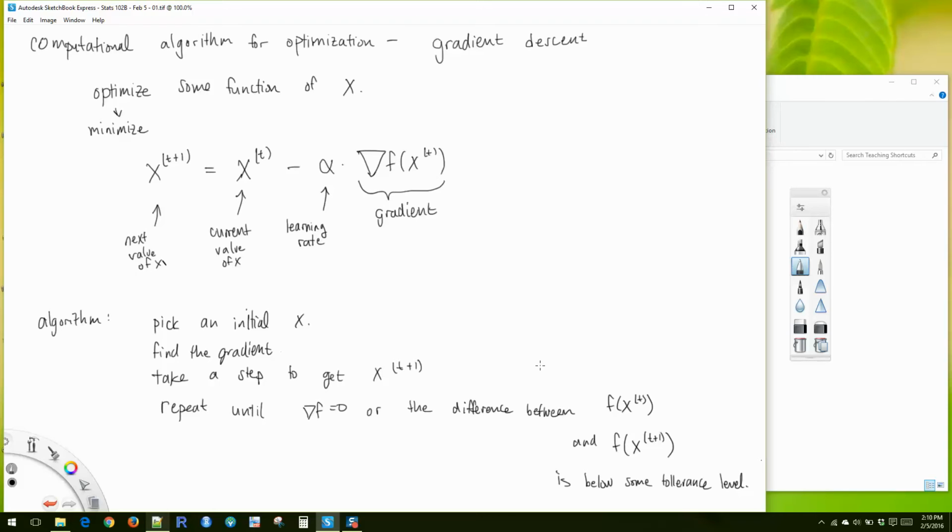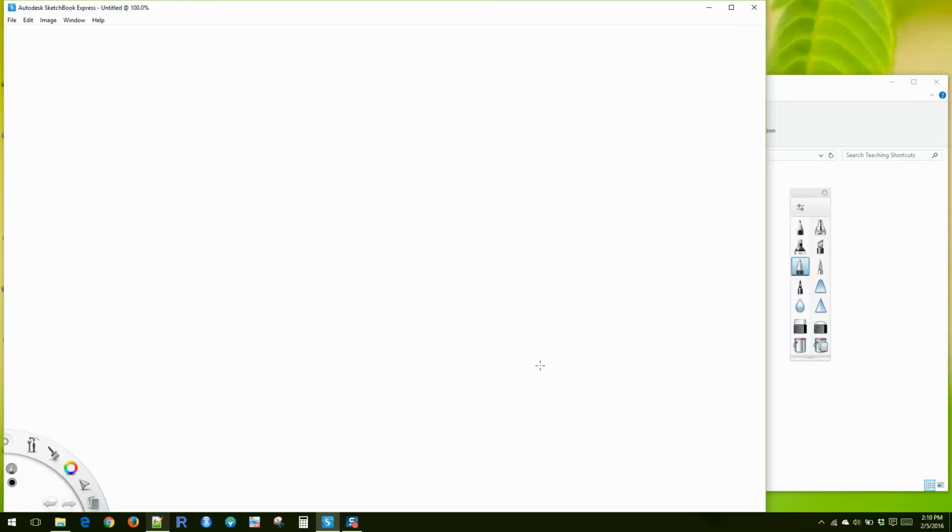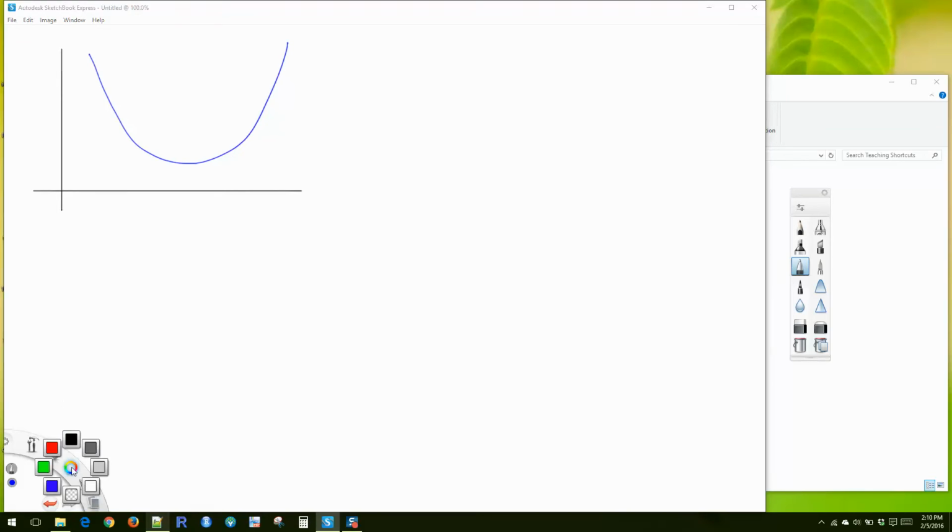Okay, so basically for a one-dimensional problem, let's say we've got some function of x that looks like this. So this is x, and this will be f of x. Let's say we start right here. Basically the gradient here would just be our derivative, right?